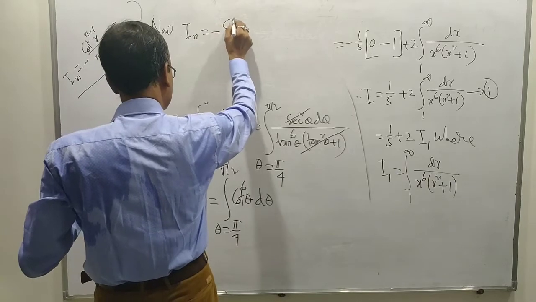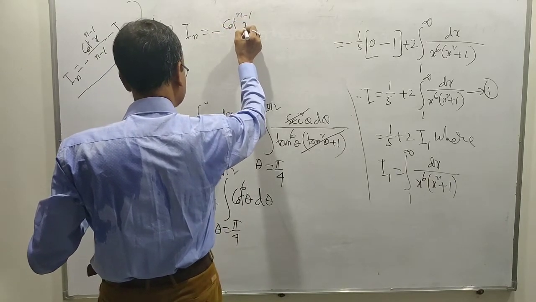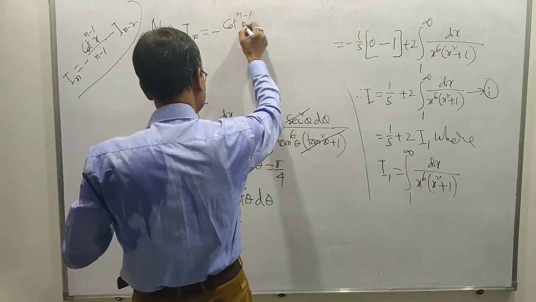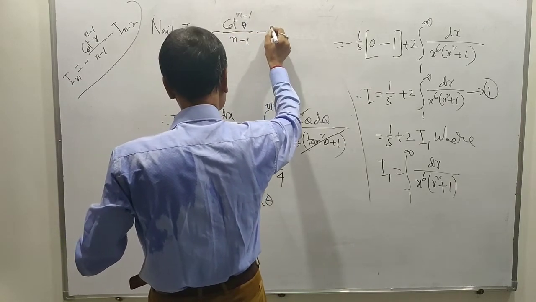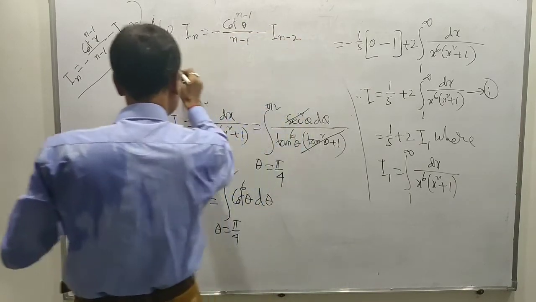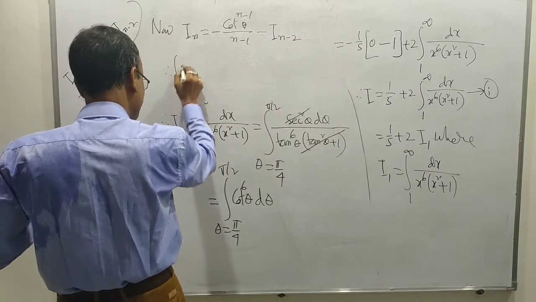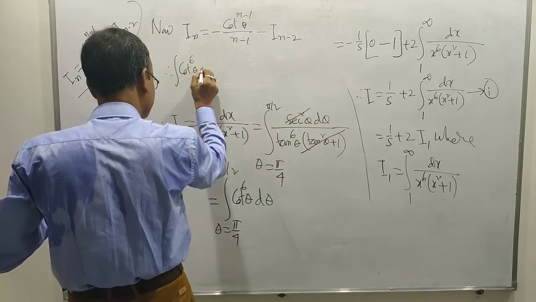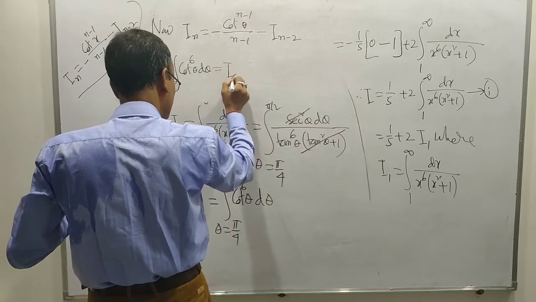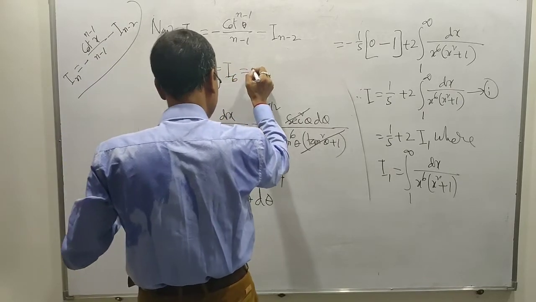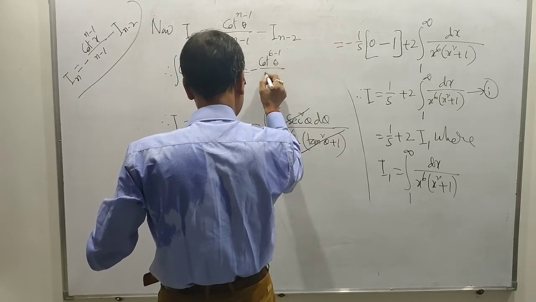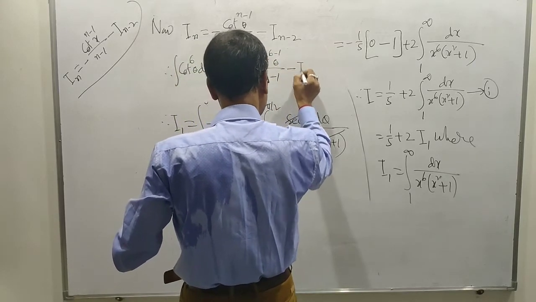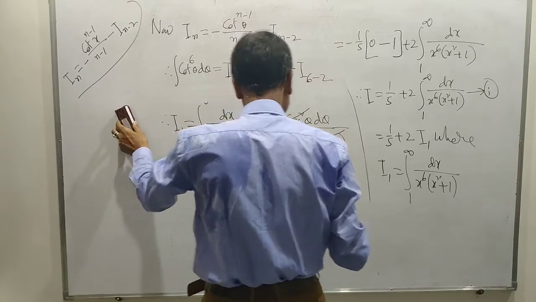I n equals minus cot to the power n minus 1 theta divided by n minus 1, minus I n minus 2. Therefore integration cot to the power 6 theta d theta, I6, will be equal to minus cot to the power 6 minus 1 theta divided by 6 minus 1, minus I 6 minus 2.